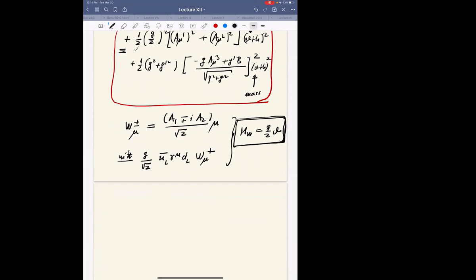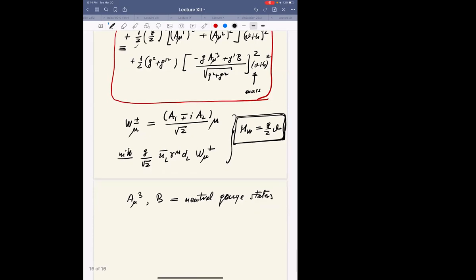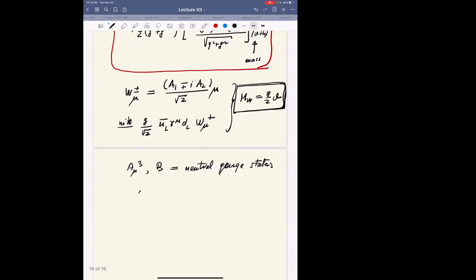Notice that I have two states, A_mu^3 and B, neutral gauge boson states. They are not particles. They are not physical states. They are just initial fields. They are not eigenstates of the mass matrix, so they cannot be physical.